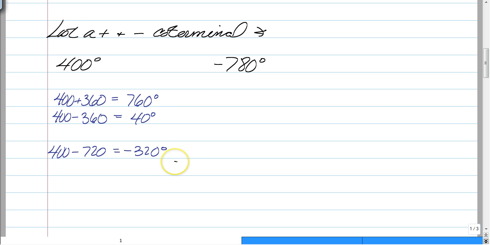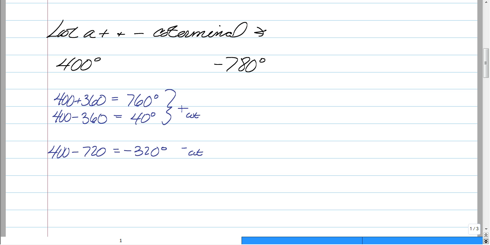That would be a negative coterminal angle. So these two are both positive coterminals, and this is an example of a negative coterminal. If you were to graph 400, 760, 40, and negative 320 on the exact same graph, they would all end up with the exact same terminal ray.